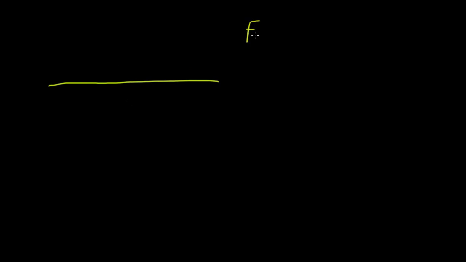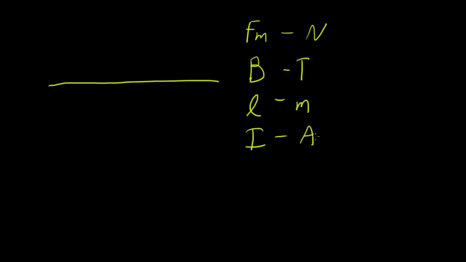The magnetic force that a wire carrying a current experiences is determined by the magnetic field strength in Teslas. It's determined by the length of the wire, in meters, and by the current, not in coulombs, excuse me, that is wrong, in amperes.